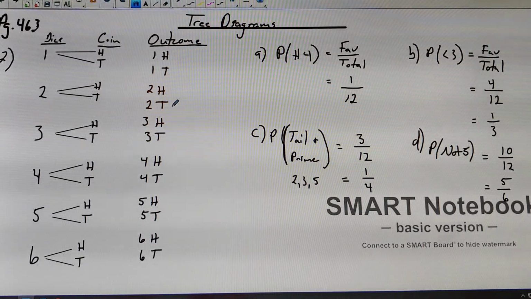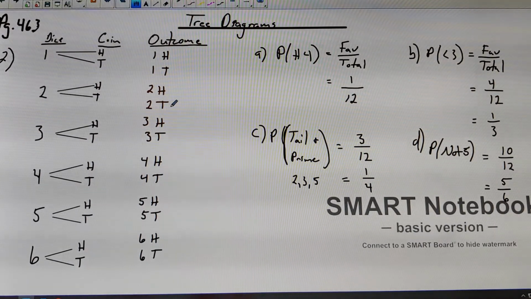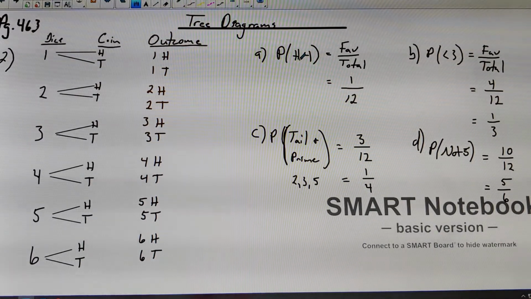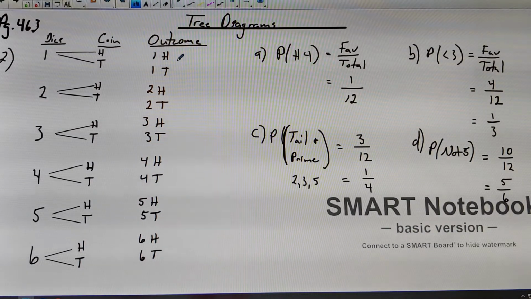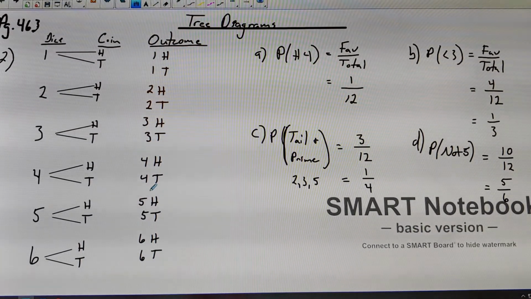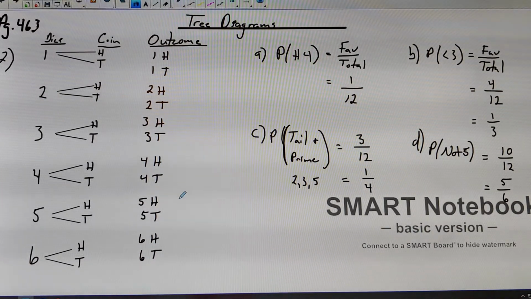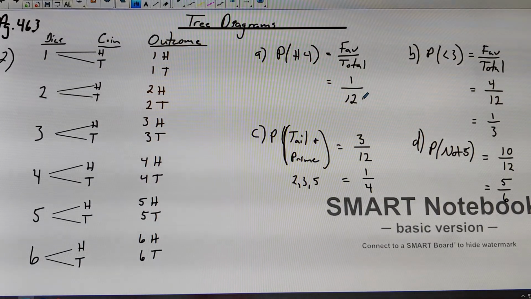Okay? So then it asked us probability of getting a head and a 4, so favorable over total. There's only one head and a 4 right there, out of a total of 1, 2, 3, 4, 5, 6, 7, 8, 9, 10, 11, 12 events.